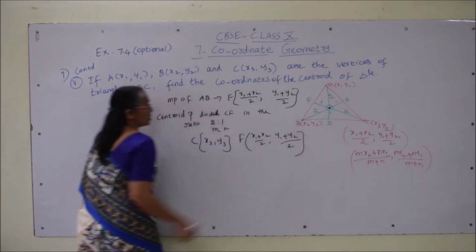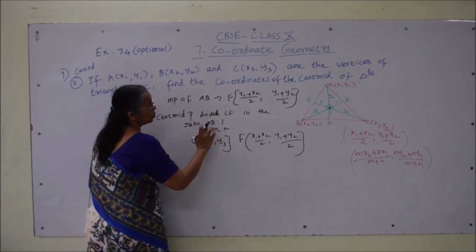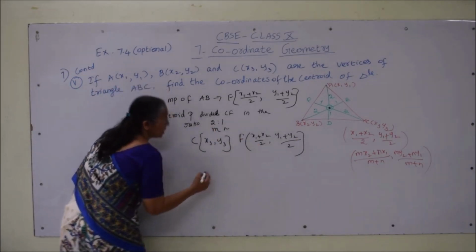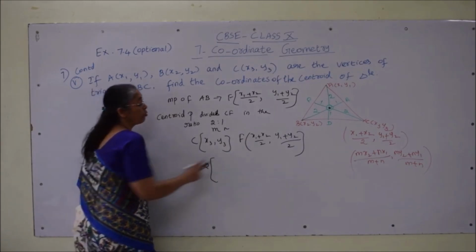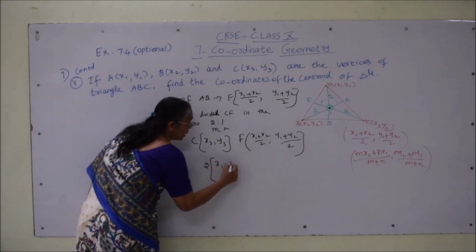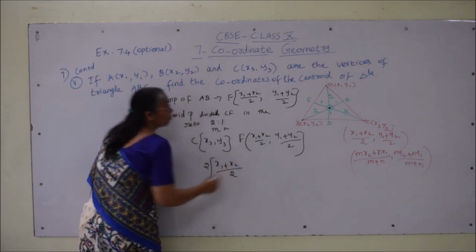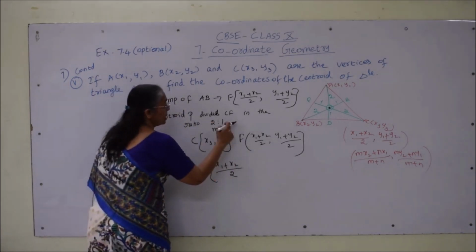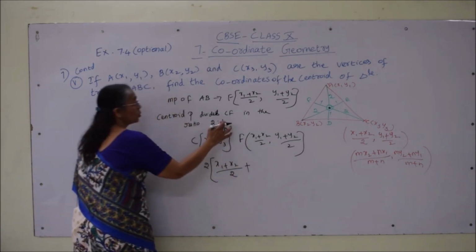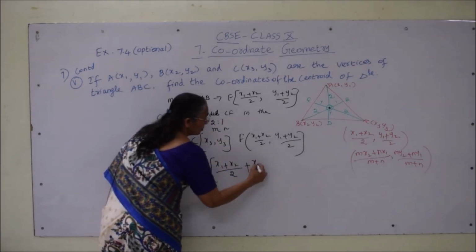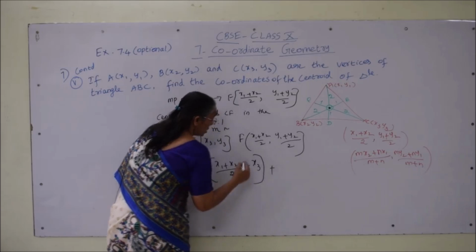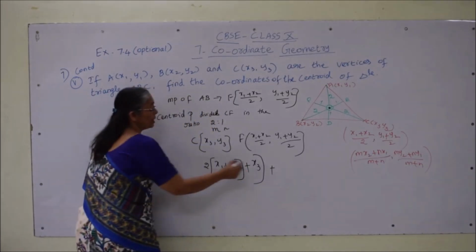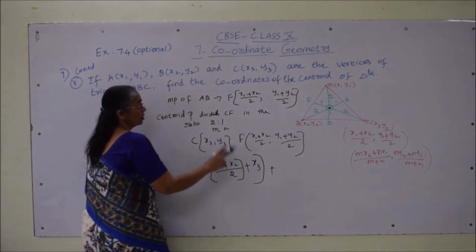Now let us use the section formula, mx2 plus nx1. So 2 into the x coordinate of the F point, 2 into x1 plus x2 by 2, plus 1 into x3.